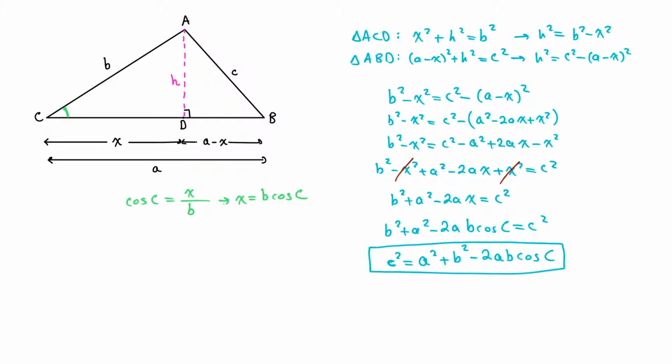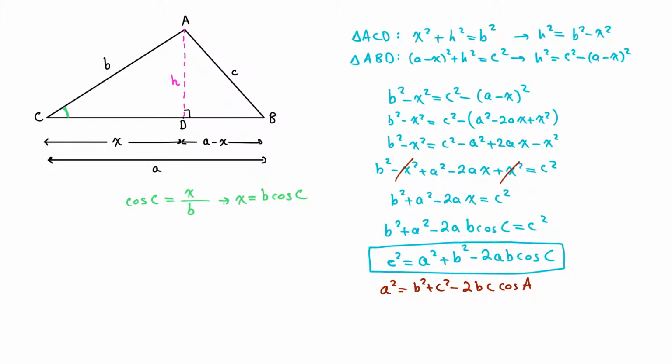Based on this equation, whenever we're trying to look for a length, that length squared is equal to the other two lengths squared added, minus twice the product of the other two sides that we're not looking for, multiplied by cosine of the angle between them. We can also write the other two forms. a squared is equal to b squared plus c squared minus 2bc cosine of angle a, which is the angle between sides b and c.